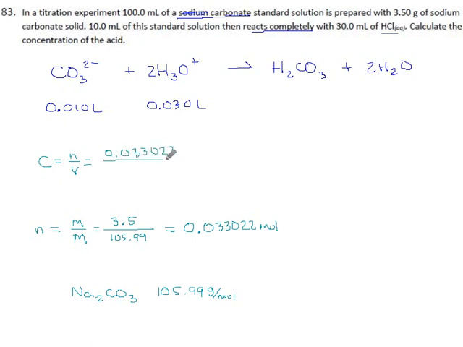0.033022 divided by, and our volume was 0. Trap. They said they put this 3.5 grams of sodium carbonate in 100 mils originally. They didn't use all of it. They only used 10, but the mix was with 100. That's the number we must use here. So 0.33022 moles per liter.